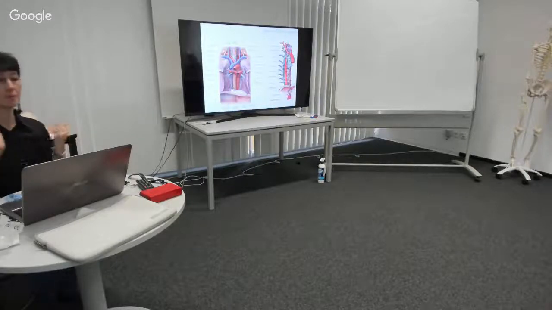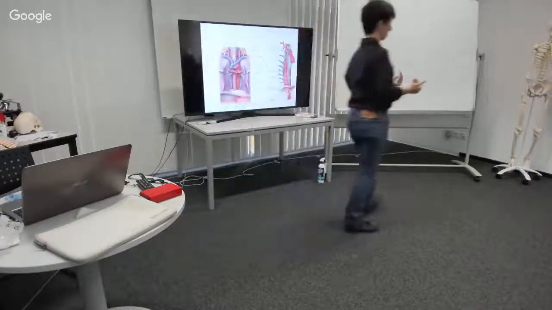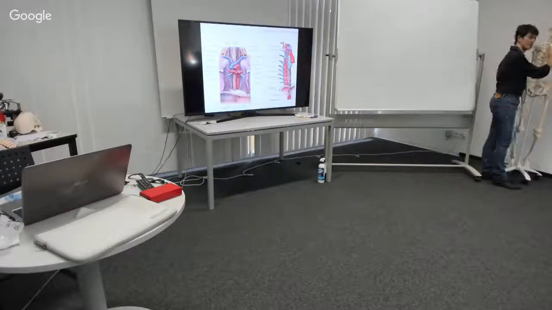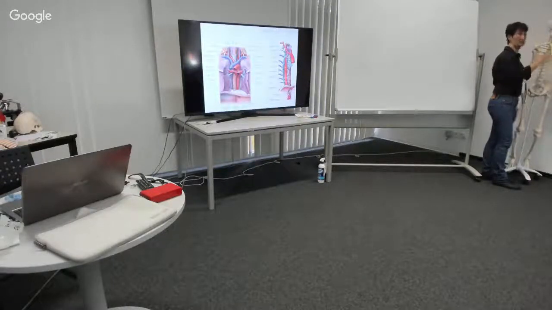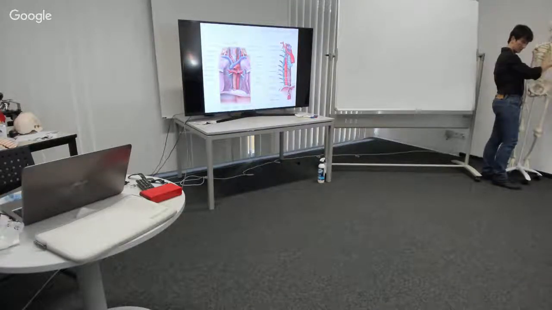Once again, remember this important plane: always the same angle, the sternal or Lewis angle, and then T4, T5. T4, T5 is also the level of the bifurcation, and this is the plane dividing the mediastinum into superior and inferior.